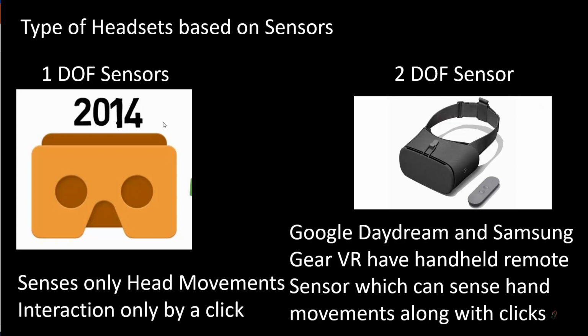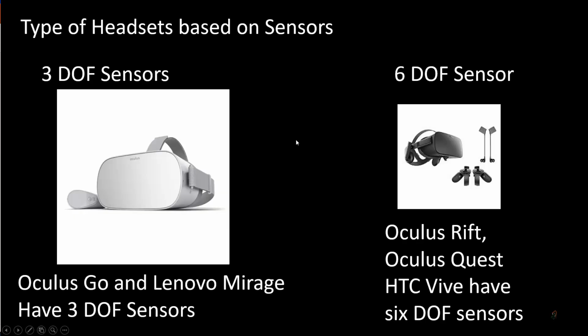So you cannot just click it. When you move this remote left to right or right to left, it will identify the movement and you can pan the screen or you can move the cursor left to right. Instead of rotating your head to move the cursor, you can move it using this sensor. So this will have two types of sensors.